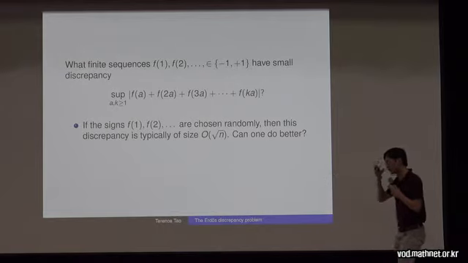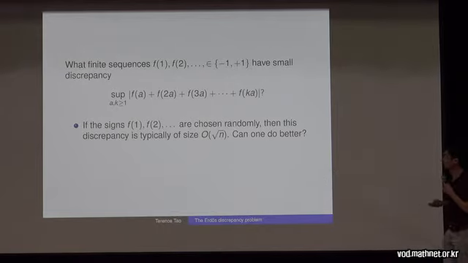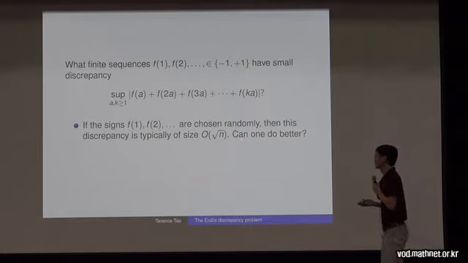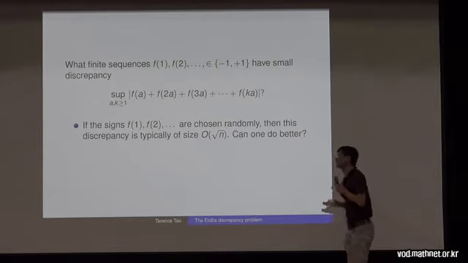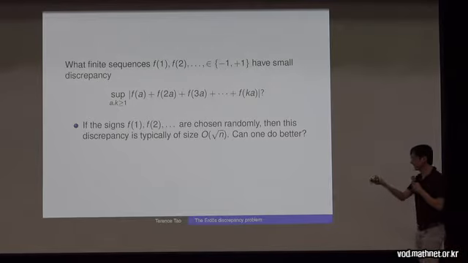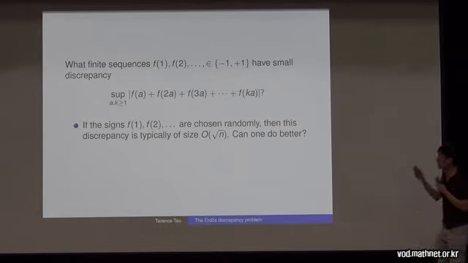This is another one of these Chernoff inequality or law of large numbers type calculations. But you can actually do a lot better than root n. There are sequences that have much better discrepancy than root n. For example, this length 11 sequence with discrepancy 1, or this length 1,160 sequence with discrepancy 2.